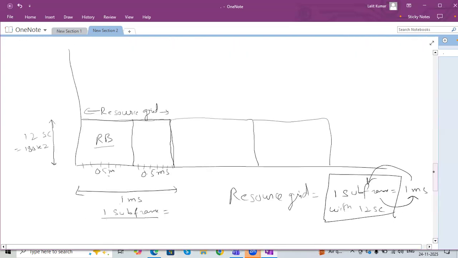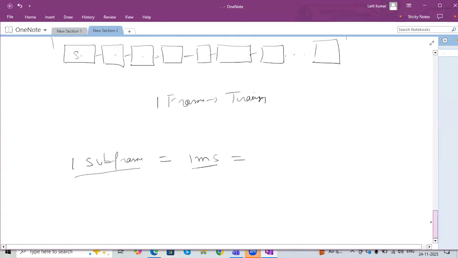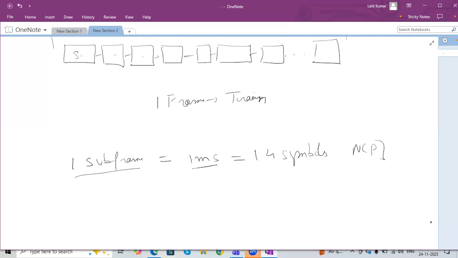Why 14? Seven symbols were there in the resource block, so a resource block is of 0.5 millisecond. Now I'm asking how many symbols in one subframe. One subframe means till this point. So here seven symbols, then here seven symbols, so 14 symbols. This is normal cyclic prefix, the most commonly used.